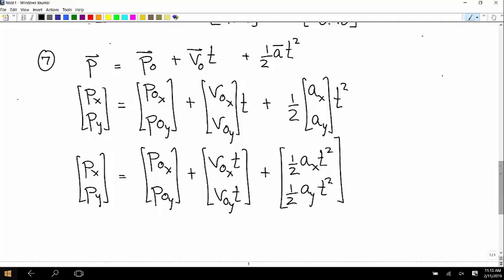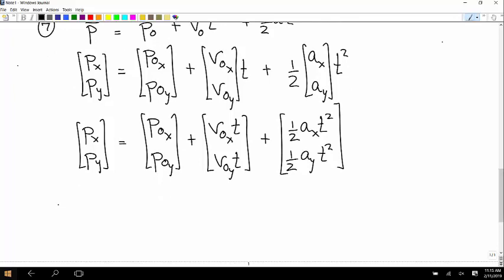And now I'm just going to break it into two separate equations. The x equation says px is equal to p0x plus v0x t plus 1/2 ax t squared.